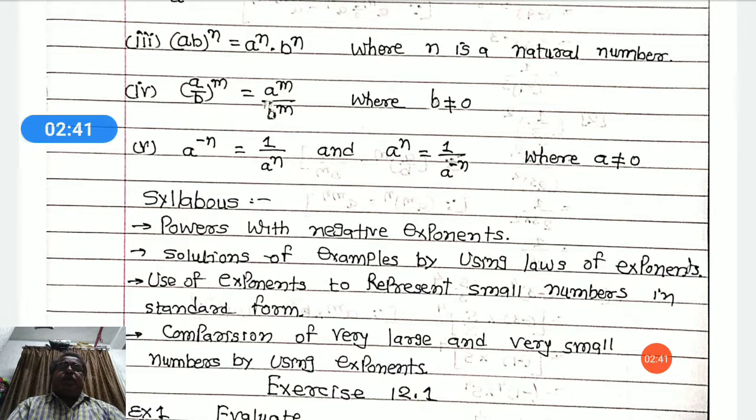Fifth, a^(-n) is equal to 1 divided by a^n, and a^n is equal to 1 divided by a^(-n), where a is not equal to 0.